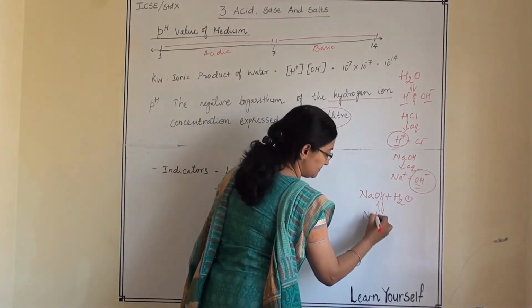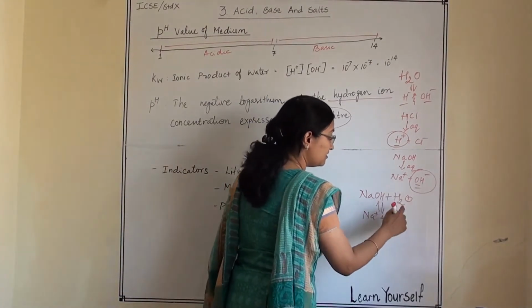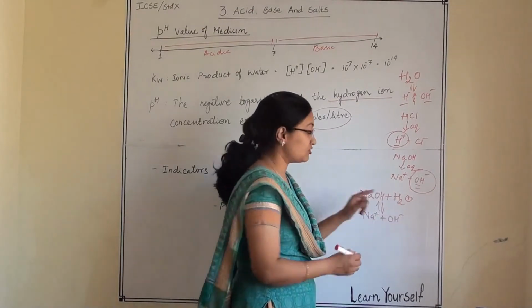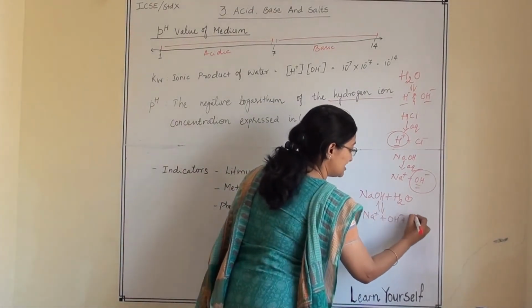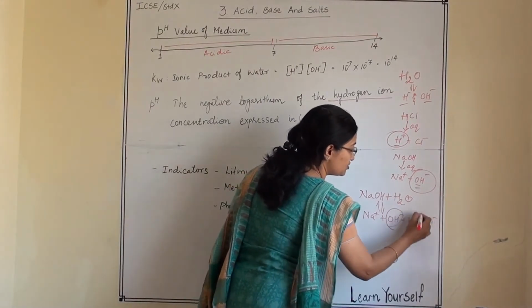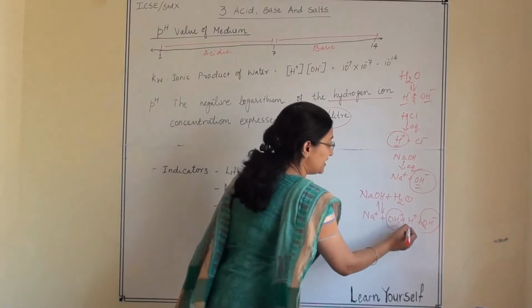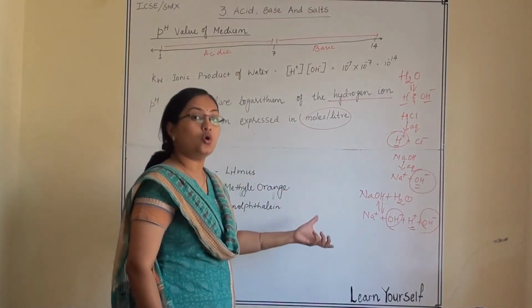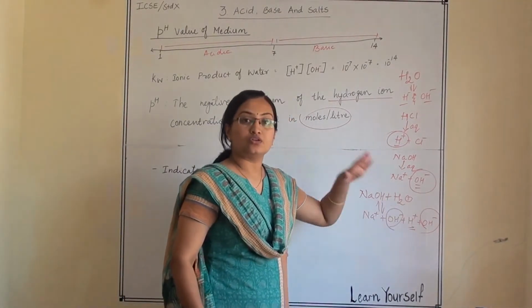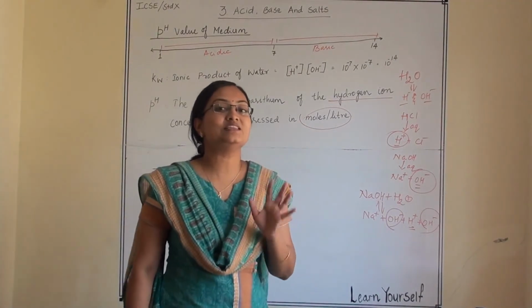Na plus and OH minus from this. Again, from the dissociation of water you will get H plus and OH minus. Here, the concentration of OH minus has been increased compared to H plus. So the H plus ion concentration will be very, very less in basic solution.